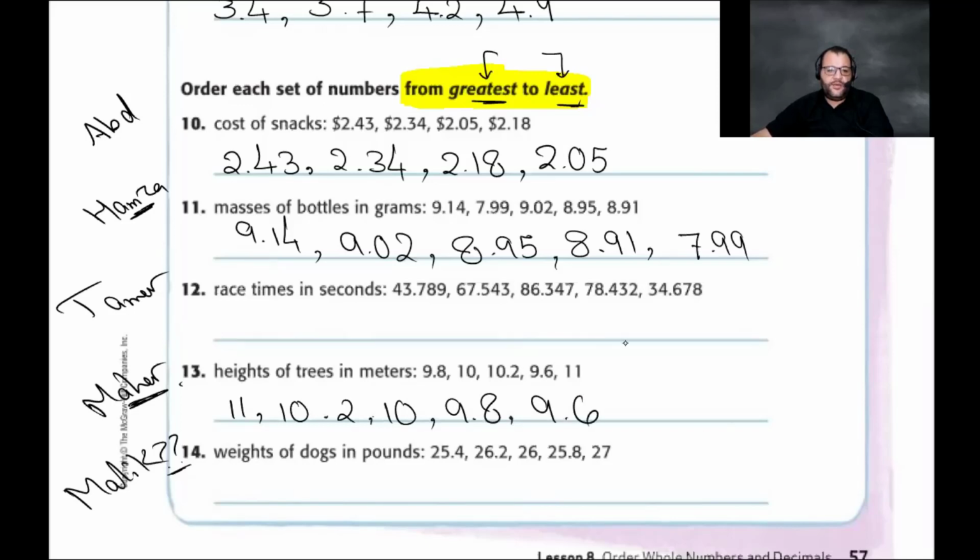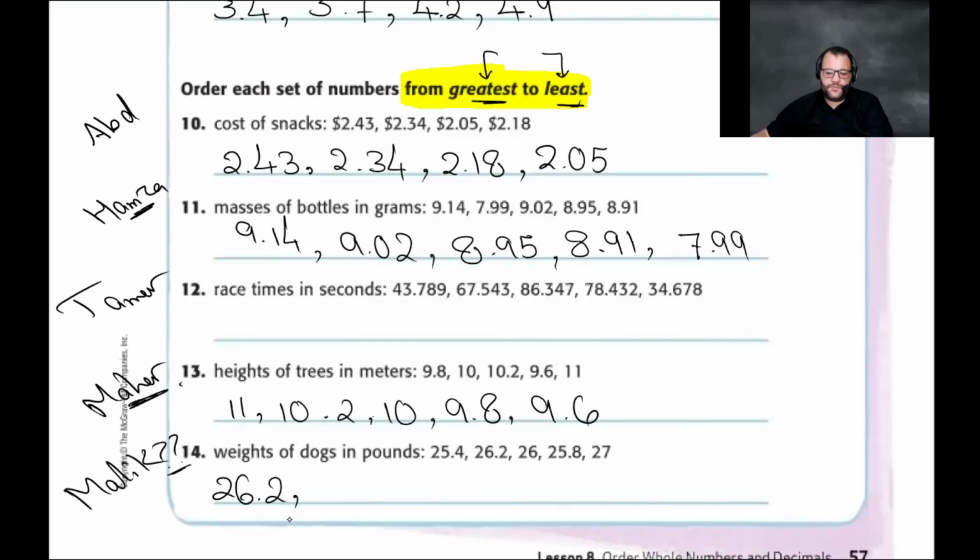Okay. Tamer, where's Tamer? There's no Tamer. Malik. Yes, mister. Question number 14. Okay. 26.25, 26.2. Just 1 minute. 26.2.